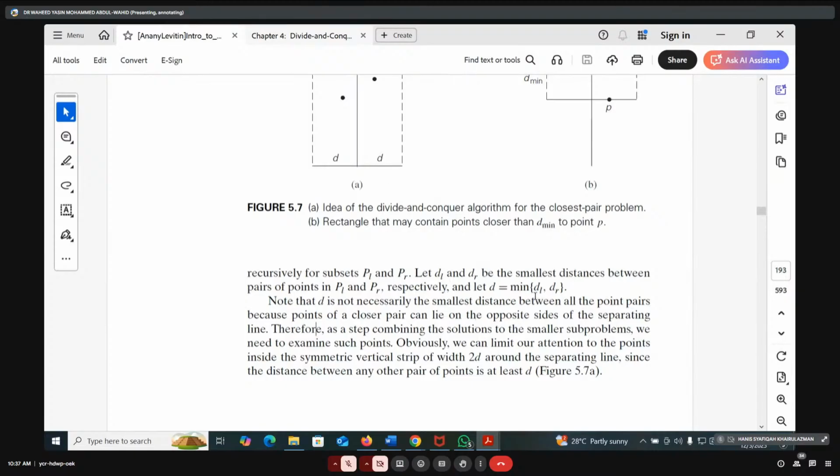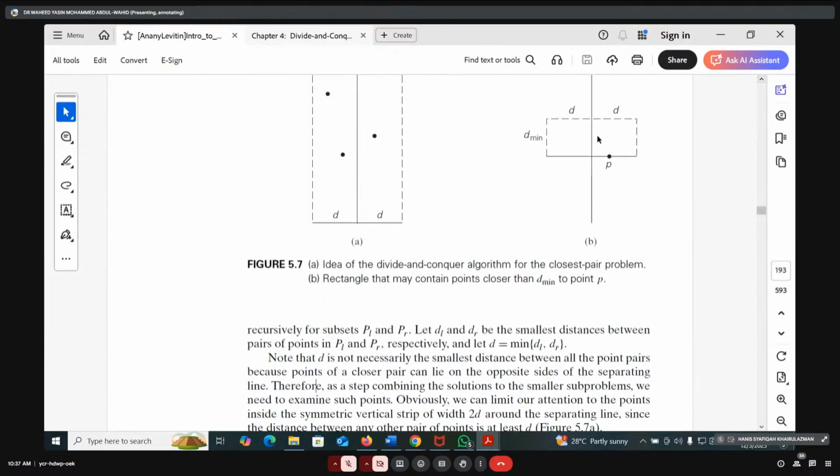D is the minimum of D left and D right. I make here a box around the median with width 2D, and the height is D.